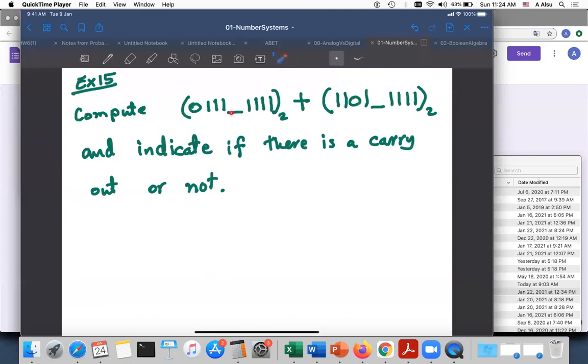This underbar here is for readability, so we're just splitting the number into 2 parts so that we can read it easily. And we would like to add this plus 1 1 0 1 underscore 1 1 1 1, and indicate if there is a final carry or not.